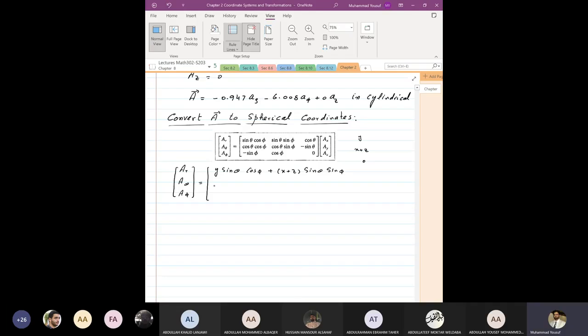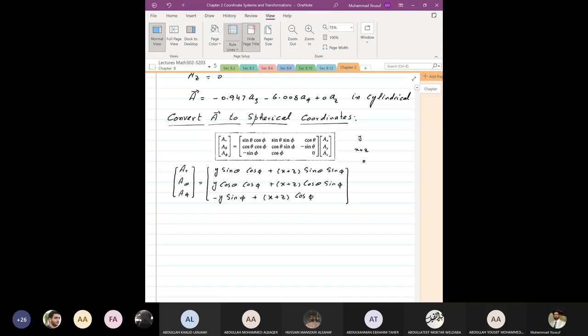And the second one will be Y cosine of theta cosine phi plus X plus Z cosine theta sine phi, and then we have 0 times negative sine theta, which is 0. Then the third one will be negative Y sine phi plus X plus Z cosine phi and plus 0.